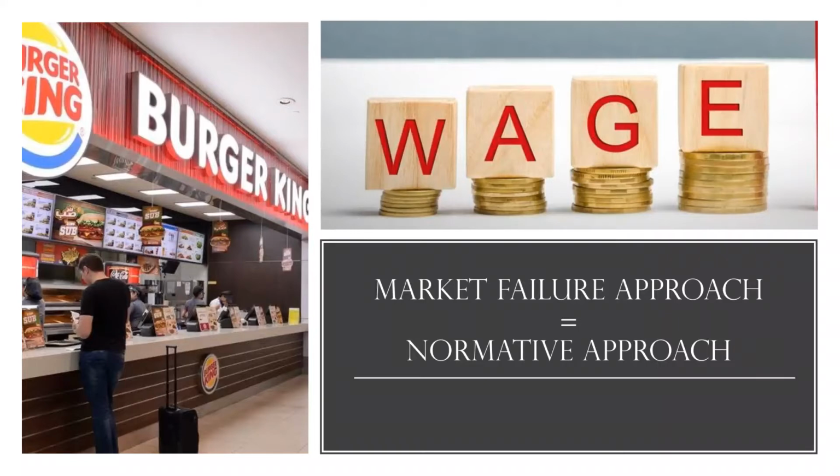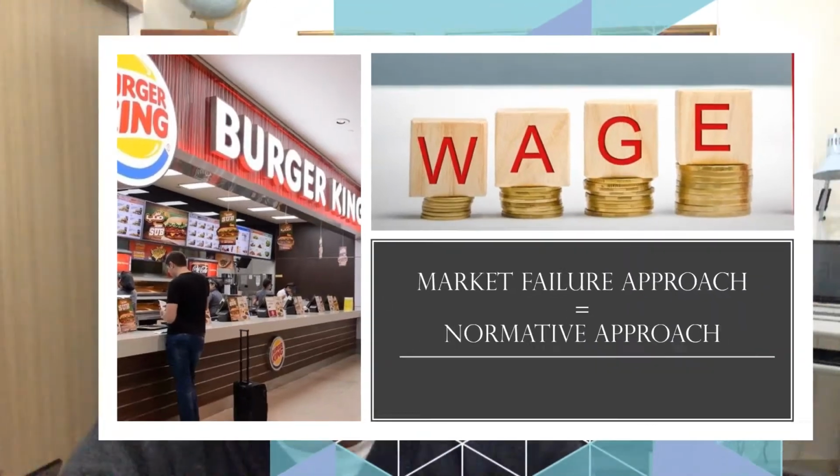It is seeking to correct what many consider a market failure, where individuals who make minimum wage are unable to pay for their needs because their wages are so low. But here's the question. By doing that, are you really going to produce a Pareto efficient allocation?